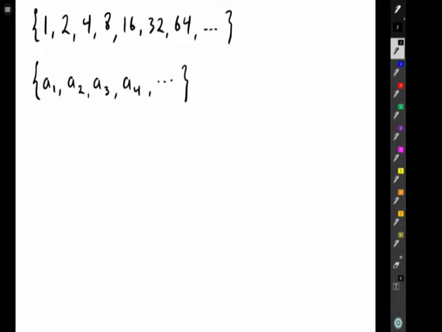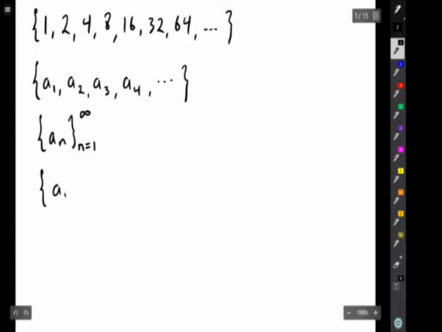So this is one way to write down an arbitrary sequence. Some other notations you might see are things like a_n, where n goes from 1 to infinity. Another one, and this is probably the most common one you'll see, is just a_n inside of some brackets.